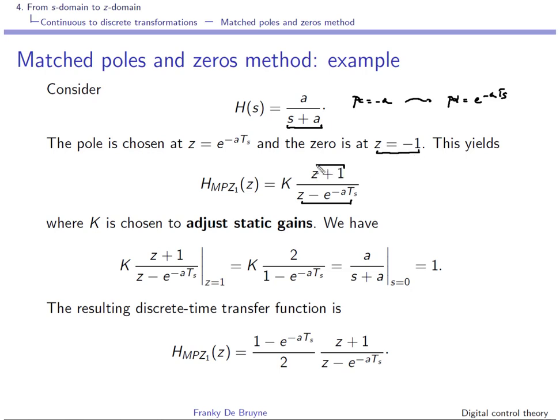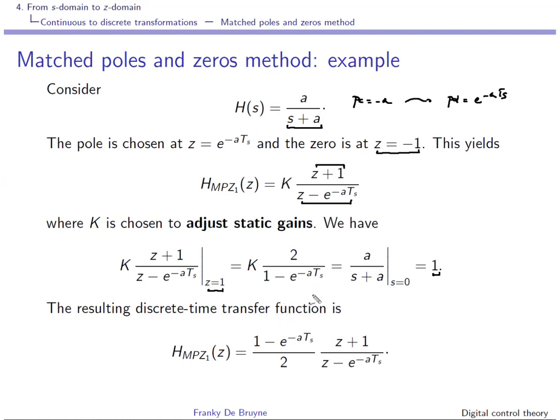This is what you have over here, and then we have to adjust the gain in such a way that the static gain of this one coincides with the static gain of this one. Right, the static gain of this one, you take the transfer function and you evaluate it at z equals 1. This is what you have, and you have to impose this to be 1 because this is the static gain of our original transfer function.